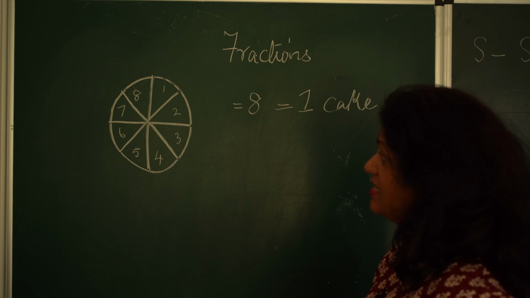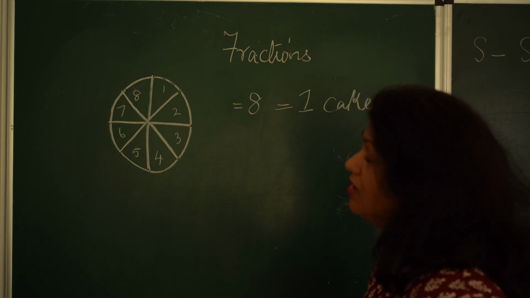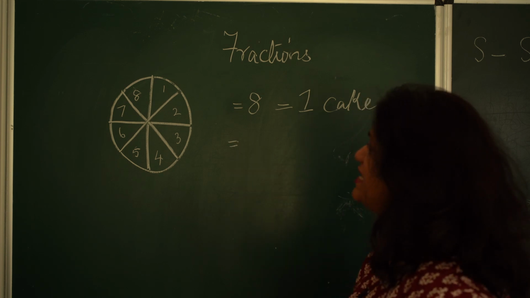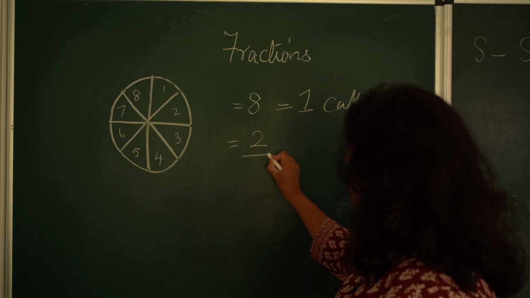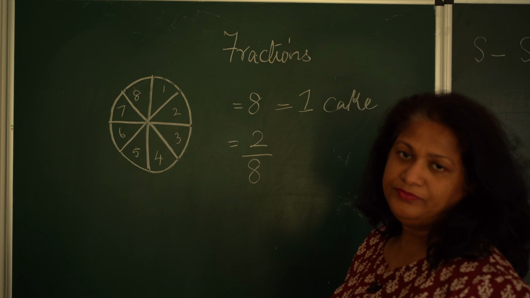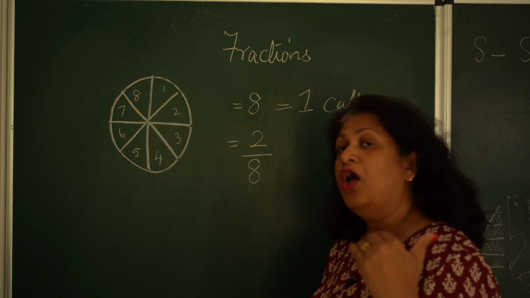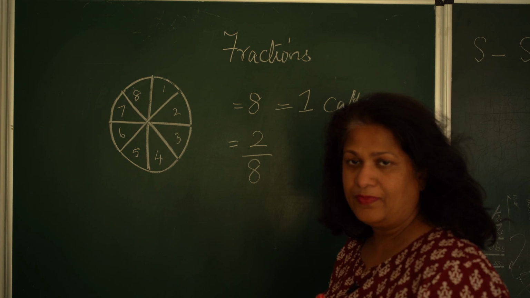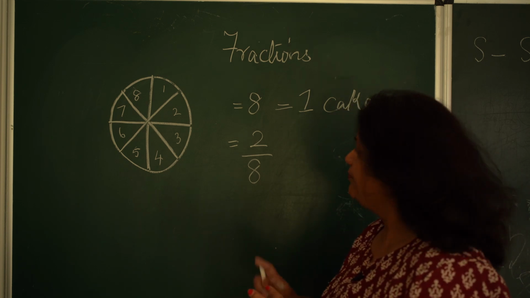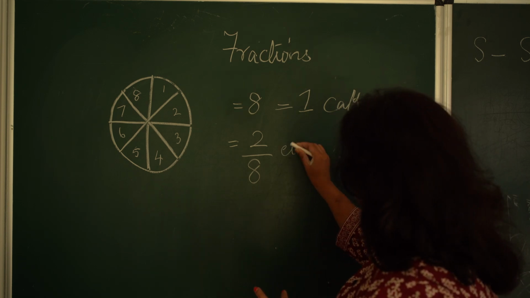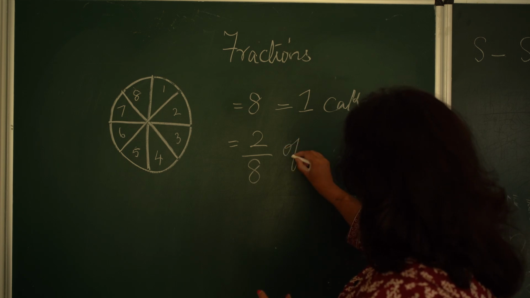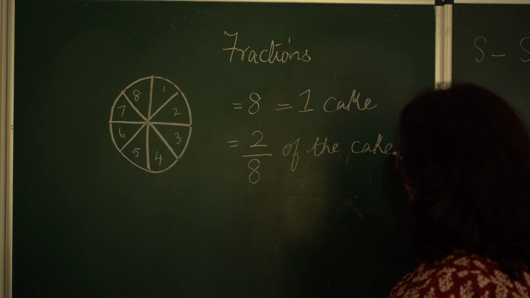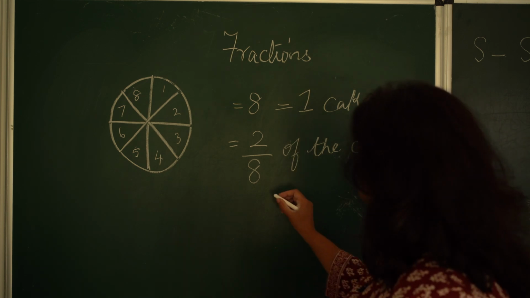Now, let's say I gave my neighbor 2 pieces of the cake. I actually gave my neighbor 2 out of 8, or it's like saying 2/8 of the cake. Now, 1/8 of the cake to my neighbor.